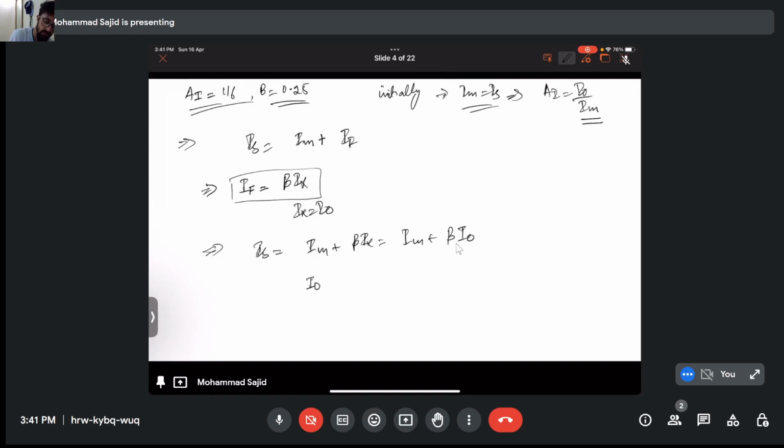Now my I naught is AI times In, right? This is the intrinsic transistor gain without the feedback network. So my Is is In plus beta times AI In. This will give me Is as In times 1 plus AI beta.